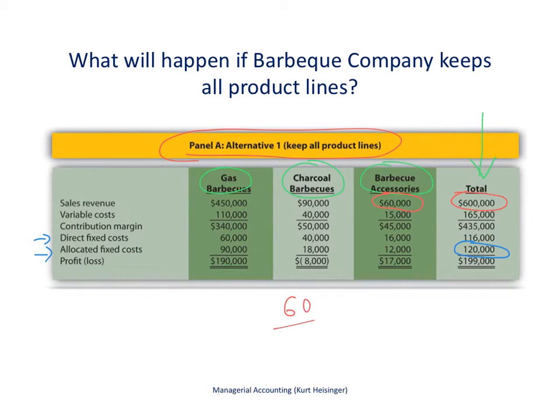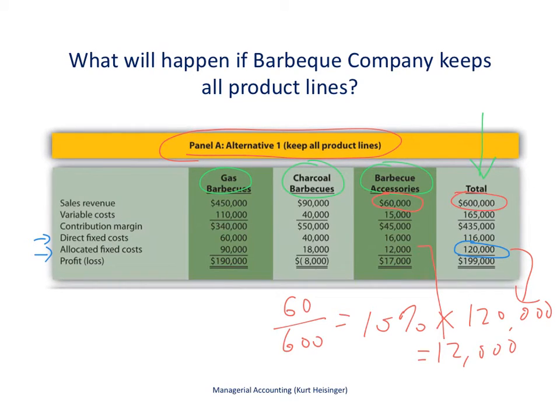So 60 divided by 600 is 10%, and that 10% then is used to allocate the $120,000. So we're going to multiply that by $120,000. That comes from right up here, and that will give us the amount of fixed costs that are allocated to the barbecue accessories right here. So that's how, in these examples that you're going to see from here forward, our allocated fixed costs are divvied out to each of the product lines.